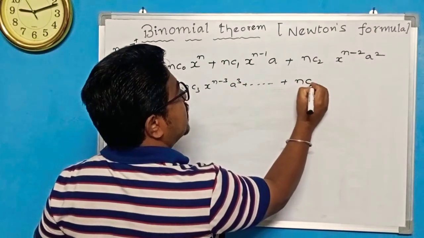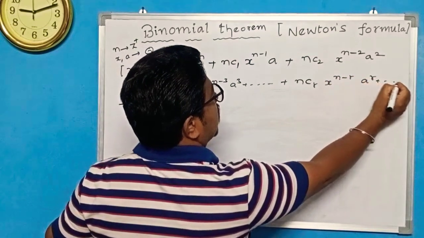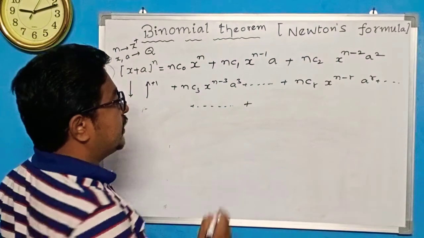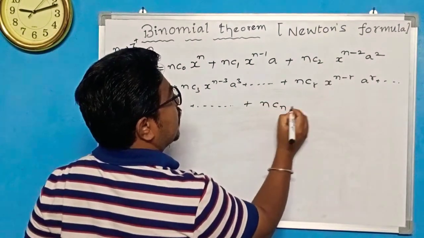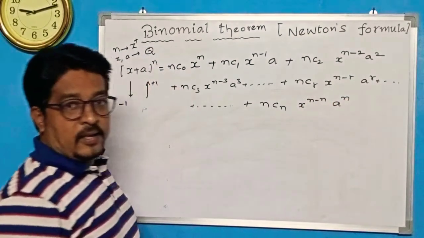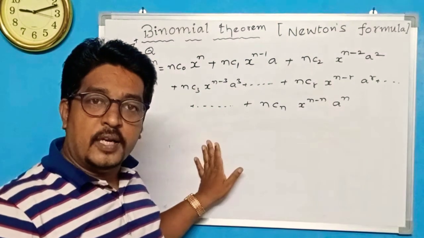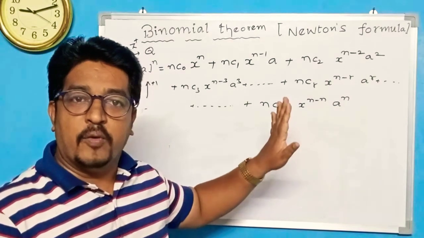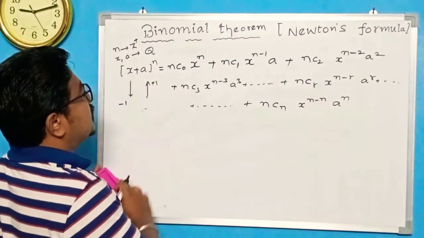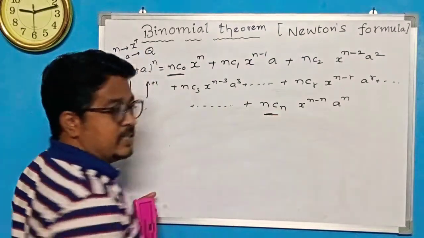The general term is nCr x^(n-r) a^r, and the last term is nCn x^(n-n) a^n. In the Pascal triangle, the first and last term coefficients are 1. Same here: the first term coefficient is nC0, and the last term coefficient is nCn.